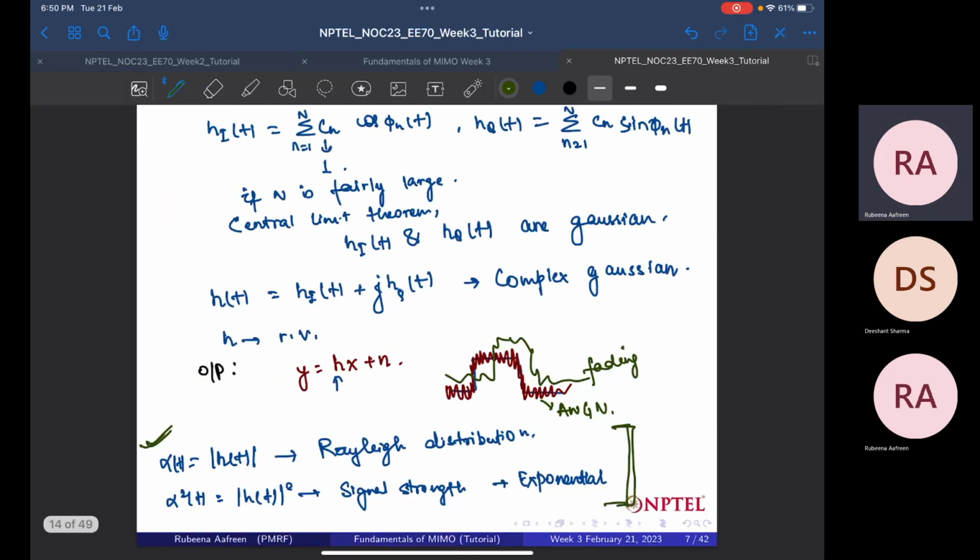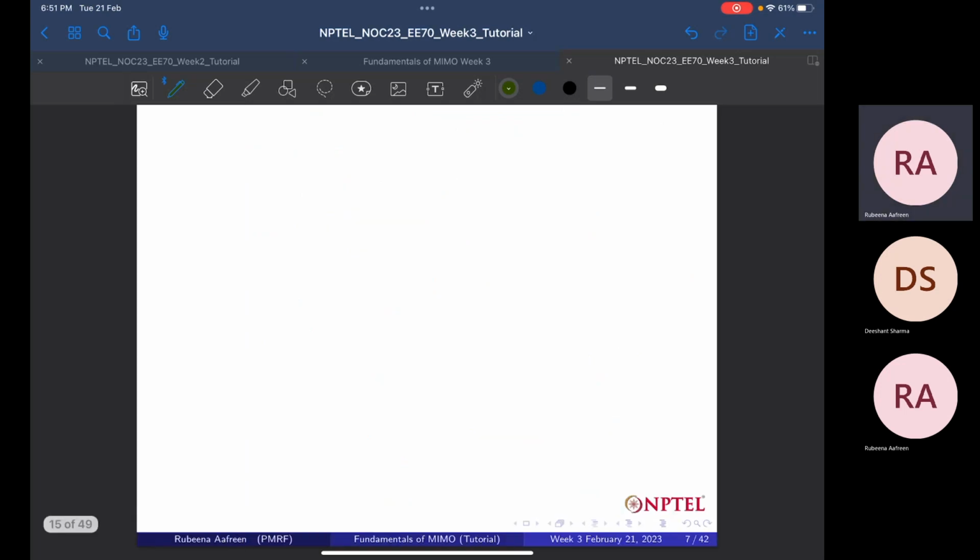So here we have seen that this envelope is Rayleigh distributed. Similarly, we consider other types of distributions also, like Rician distribution or Nakagami distribution. So very briefly I will describe and then we will move on. So in case of Rayleigh fading, what happens is that the signals are coming from all sides.